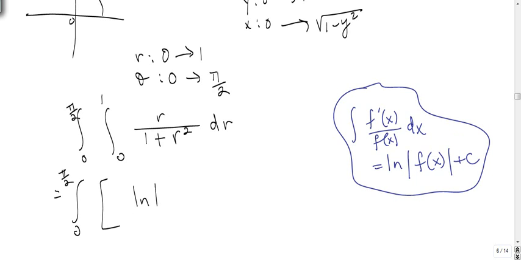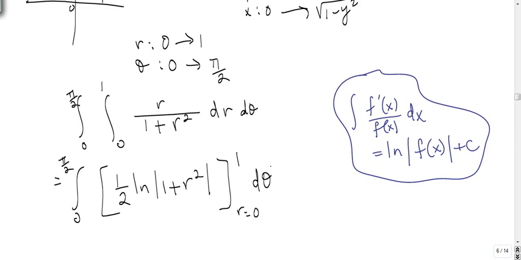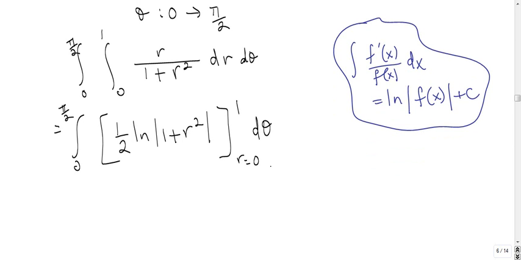So you can use the same rule. It is ln of 1 plus r squared, but you have to have 1/2 because you do not have 2r there. Do you have theta above that? Oh, I forgot it. Thanks. So r goes from 0 to 1, and d theta. Okay, let's substitute. Put 1, you have 1/2 ln 2.